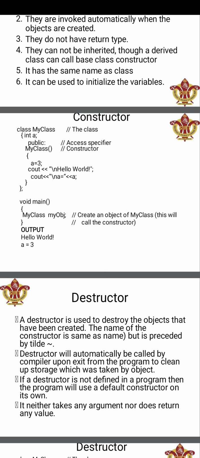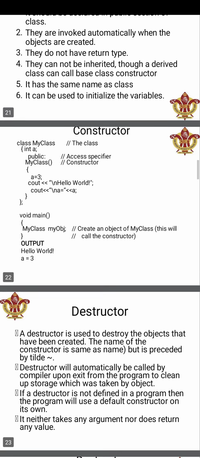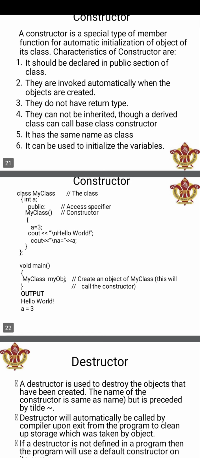Now in the main we have not done anything. We have simply declared one object of type my class. That's it: my class, space, and then the variable name. Here I have given the variable name as my obj. So this has become my object of this class, my class. Now, as already mentioned in property number 2, they are invoked automatically when the objects are created.